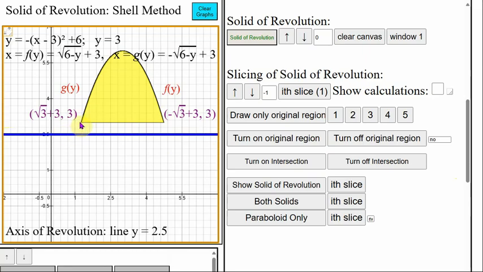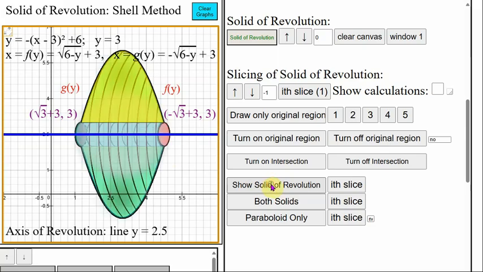Here are the points of intersection again. Now let's revolve it about the line y equals 2.5, and this is what the solid of revolution would look like. Notice that we have a hole right here in the middle. Now we're going to use the shell method.